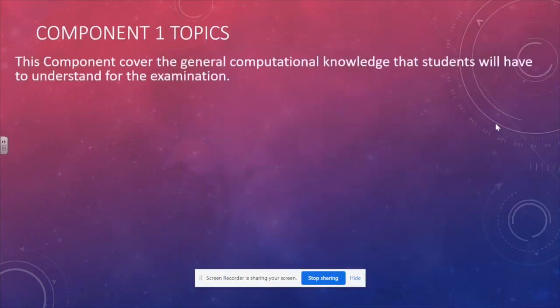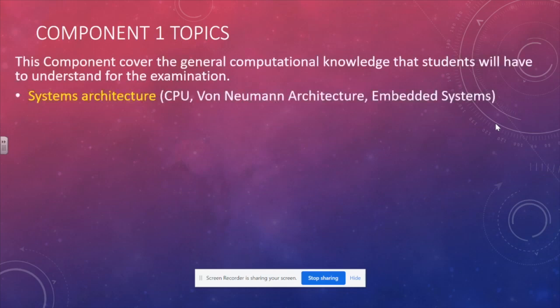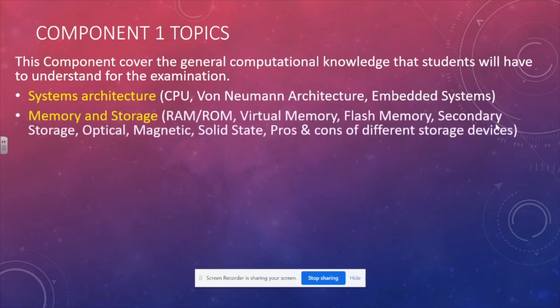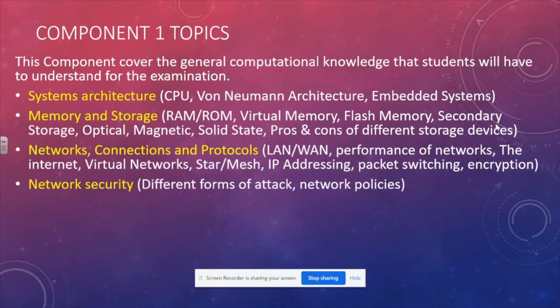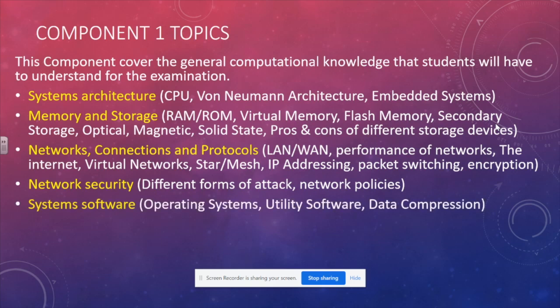So component 1, the first element, here is a list of the units and the topics contained within those units. As you can see, systems architecture: we look at things like the CPU, von Neumann architecture and embedded systems. Memory and storage: we look at RAM, ROM, and pros and cons of different storage devices.